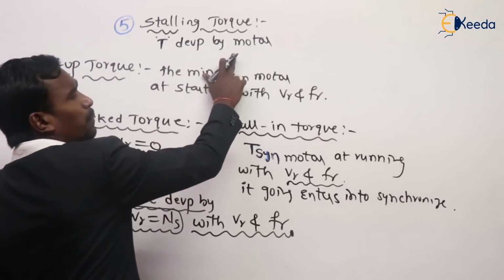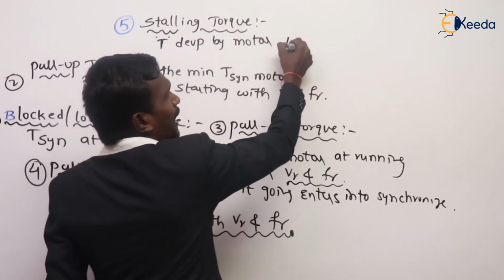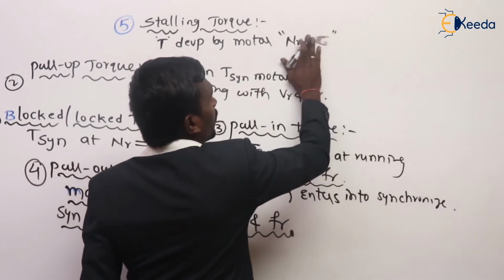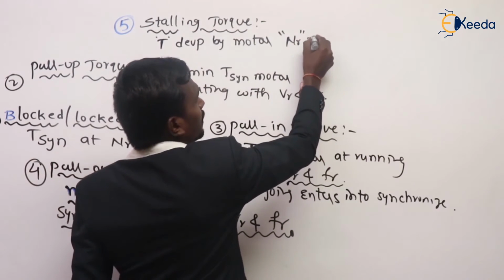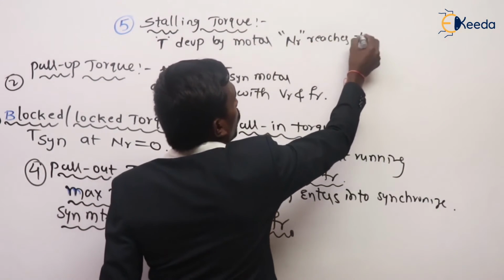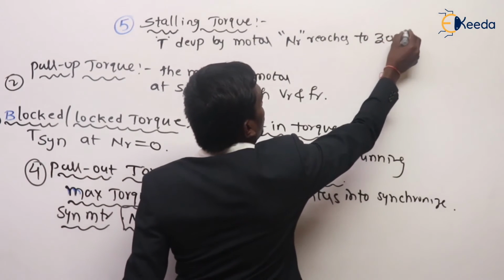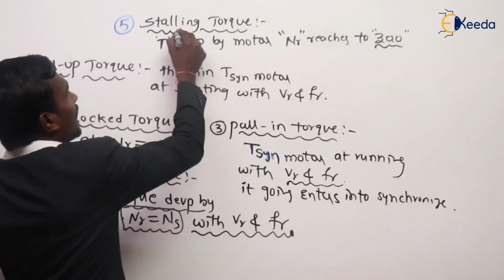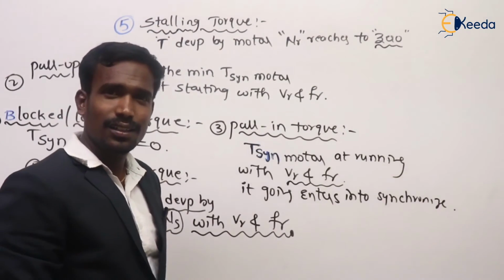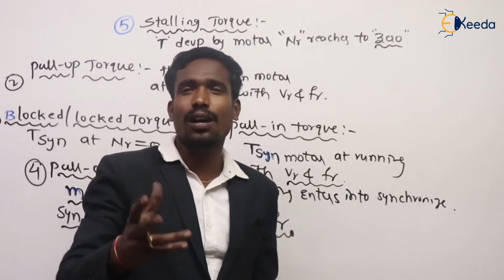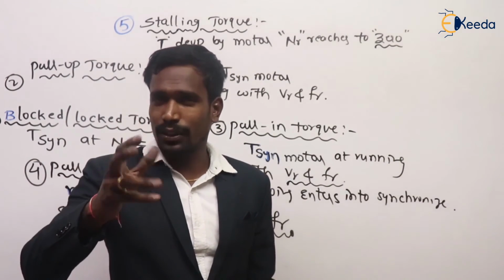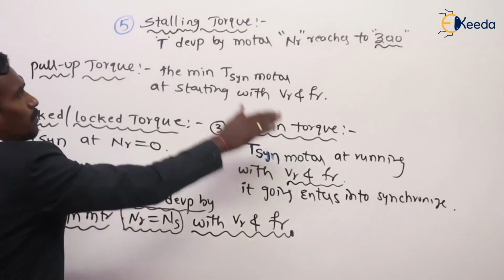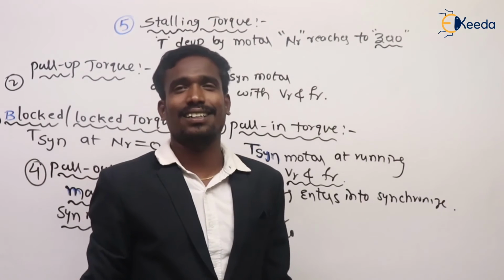The torque developed by the motor when the rotor speed reaches 0, here rotor speed is nothing but NR reaching 0. At that condition, some torque is developed by the motor. That torque is called stalling torque. Here, my rotor is going to stop, reaching 0 speed. At that condition, the torque developed by the motor is called stalling torque.